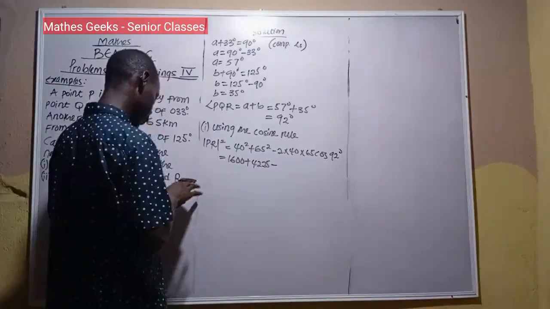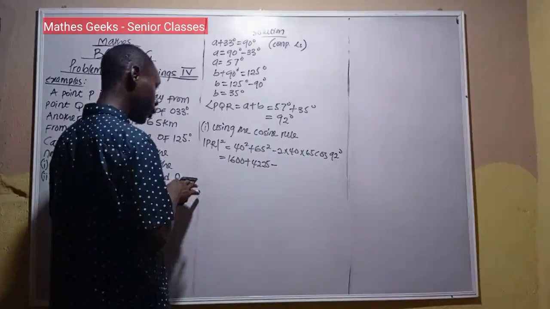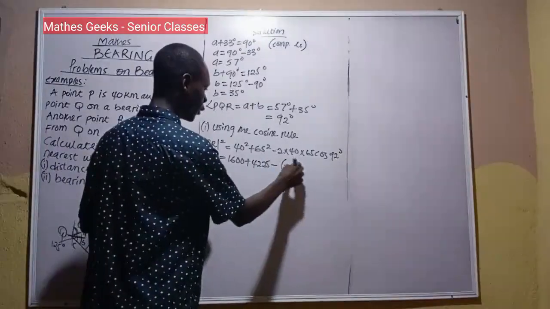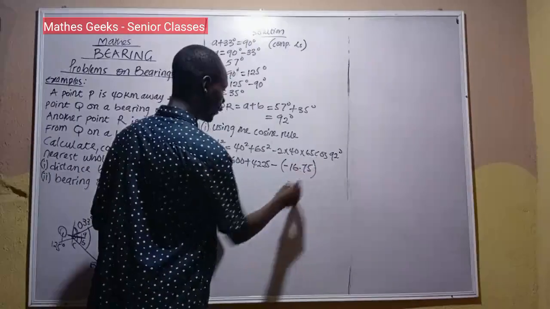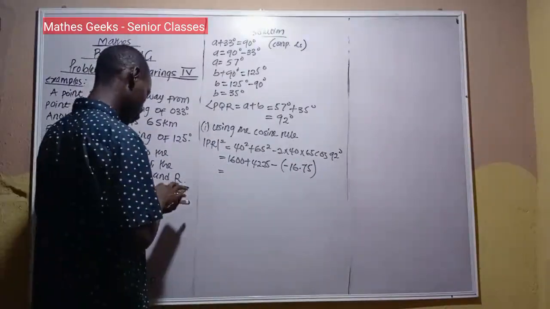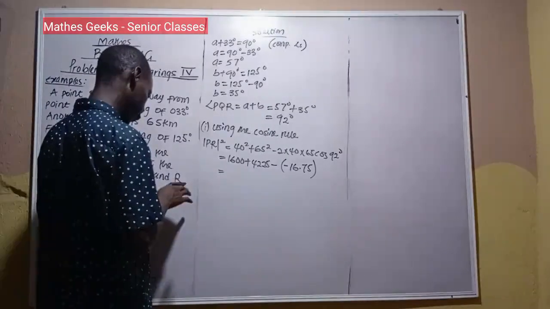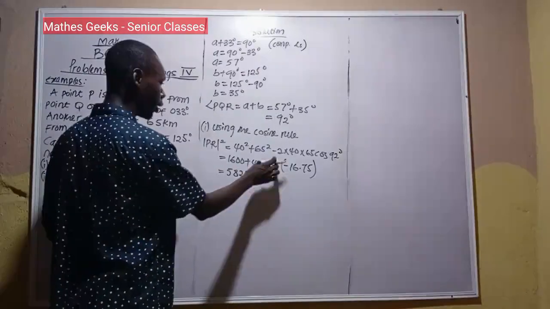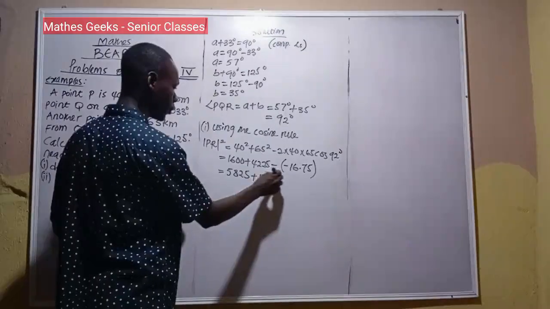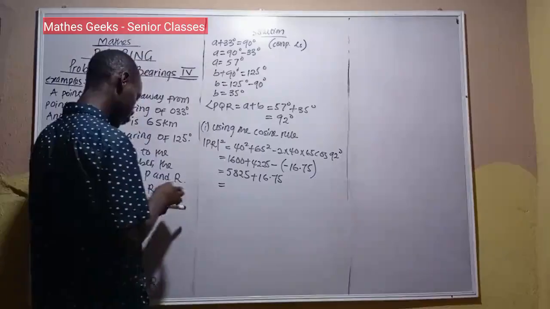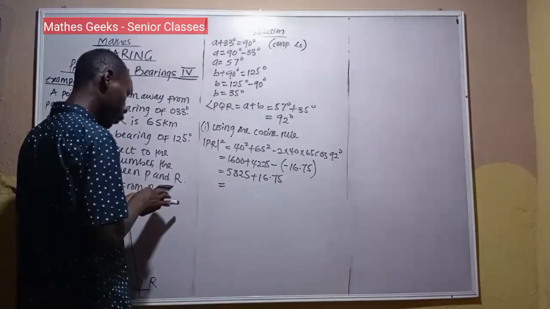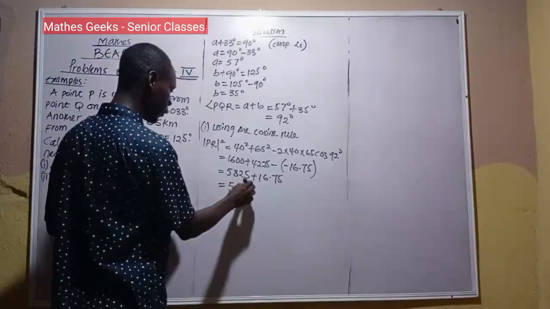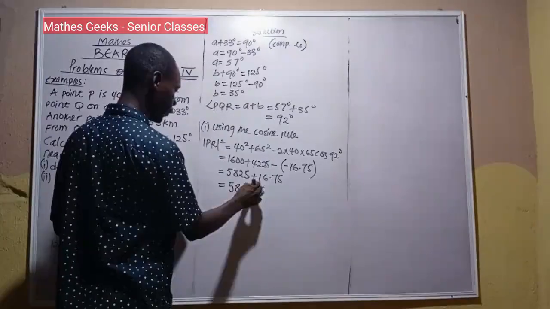And do it again, 2 times 40 times 65 times cos 92, which gives 16.75. 1600 plus 4225 is 5825, minus times minus is plus 16.75. So we get 5841.75.